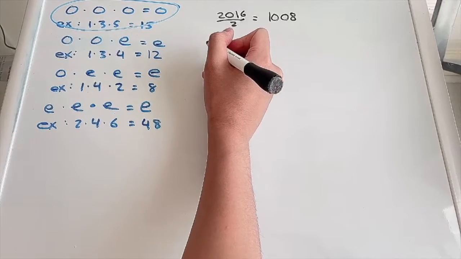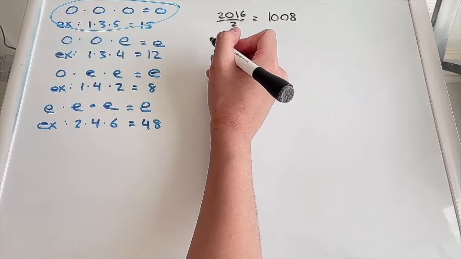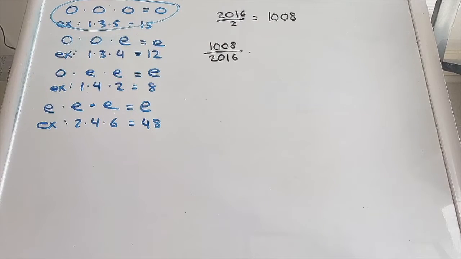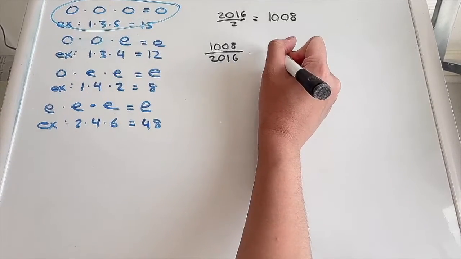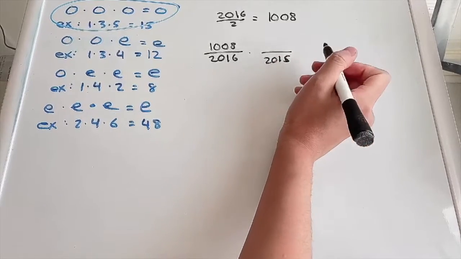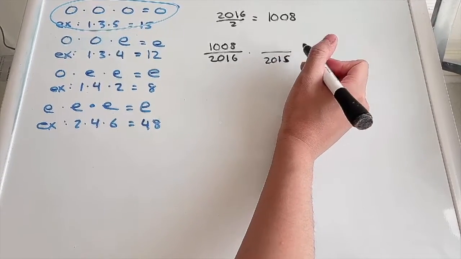Well, the probability that the first integer is odd would be 1008 over 2016. And they can't overlap because these are three distinct integers. That means after you choose one of these numbers, you can't choose this number again. So the next number that we would choose is from 2015 numbers, because remember, it can't overlap. How many integers will be odd?